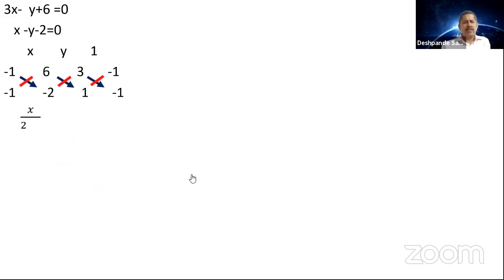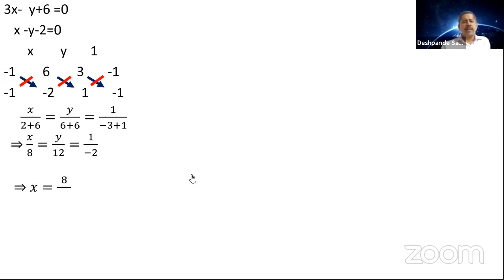So x by 8, y by 12 is equal to 1 by -2. So you can get the x value as 8 by -2 and the y value as 12 by -2. So the x value is -4 and the y value is -6.